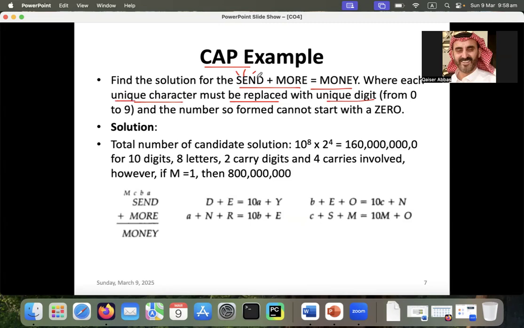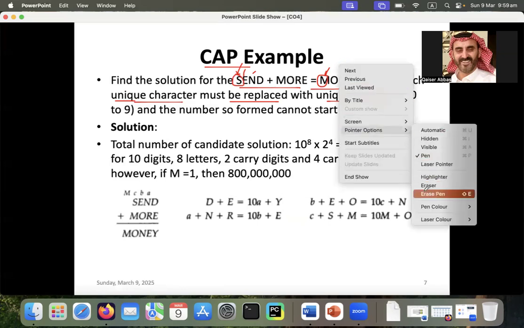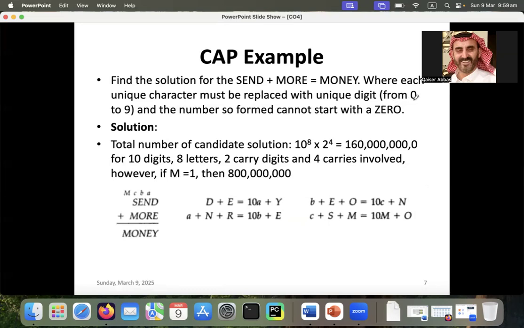For example, if you have replaced S with 5, and if S comes again somewhere else, then the 5 will be replaced at all the positions for S. Anyhow, you have to replace these letters with digits from 0 to 9.